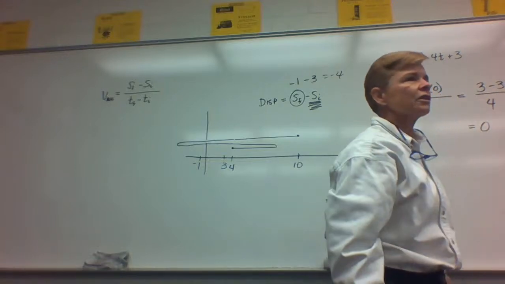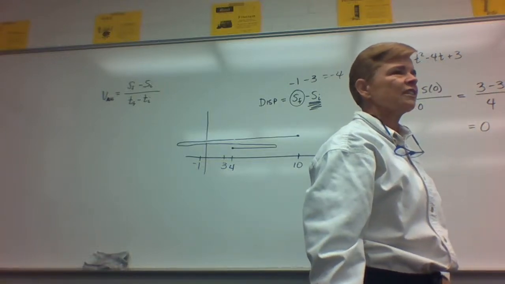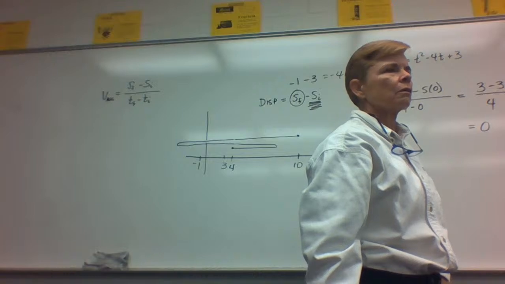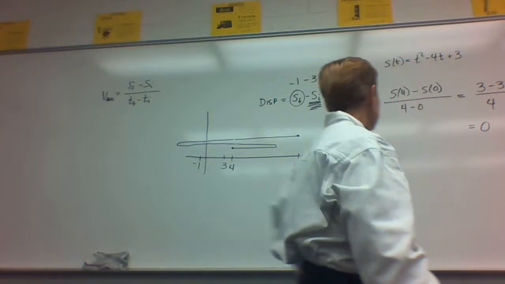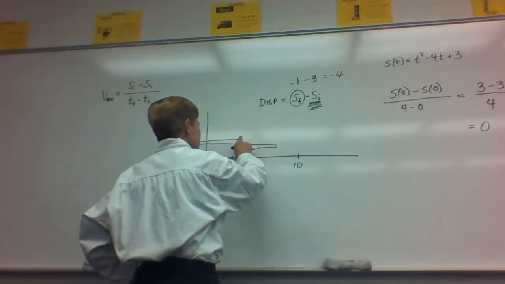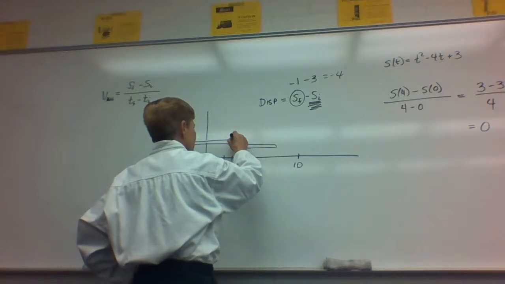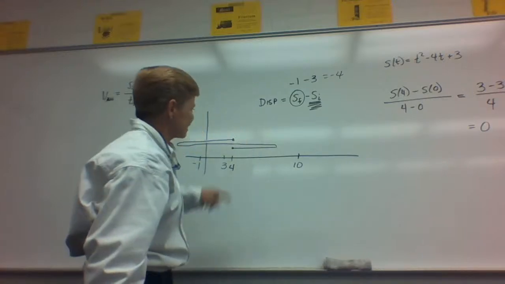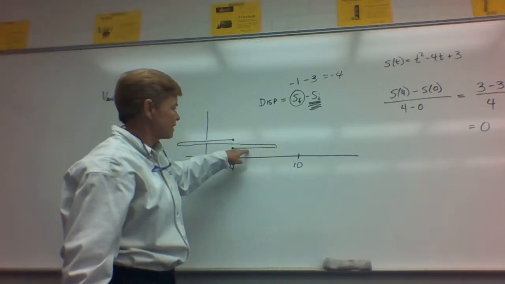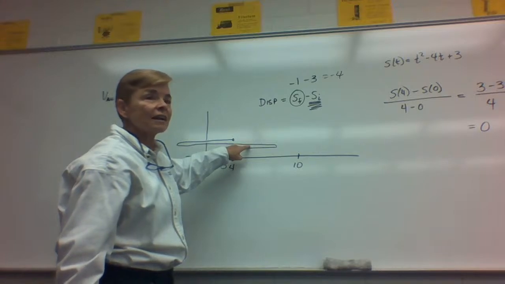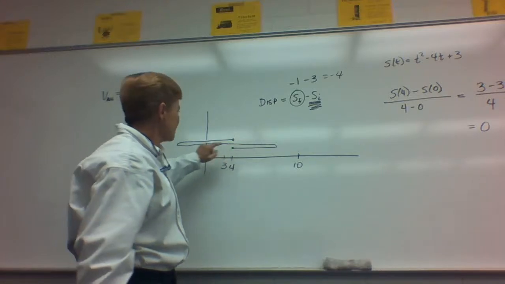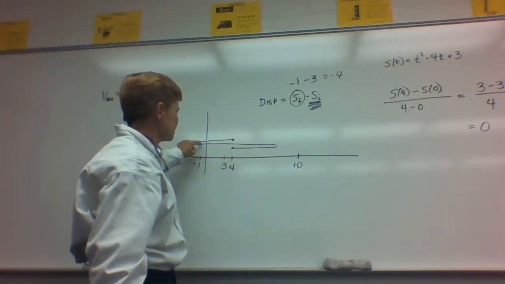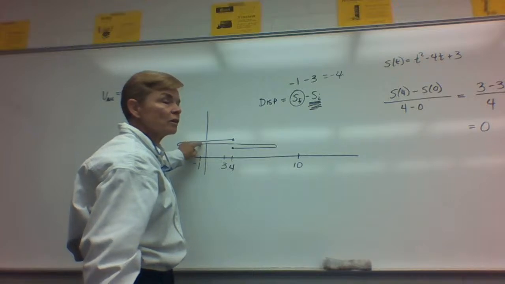What was the average velocity? That's 0. Because it might have done something like this. This velocity and this velocity add up to 0. This velocity and this velocity add up to 0.